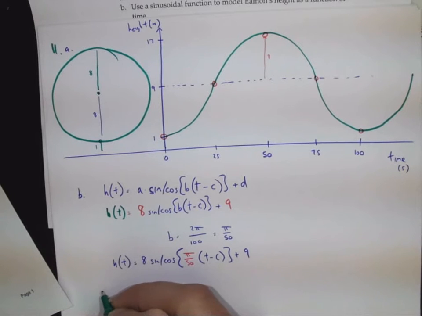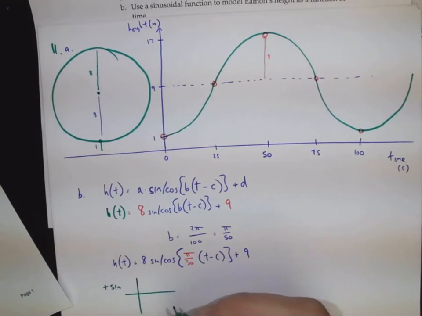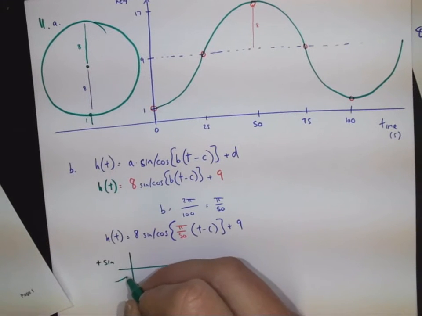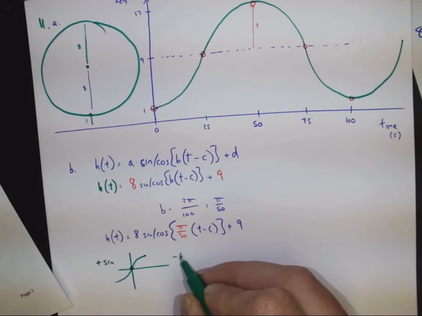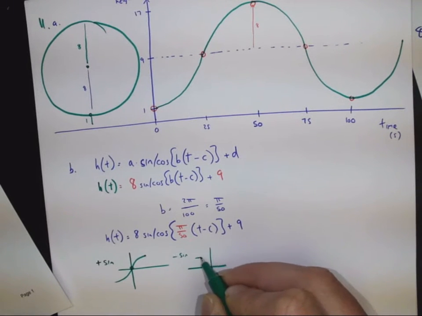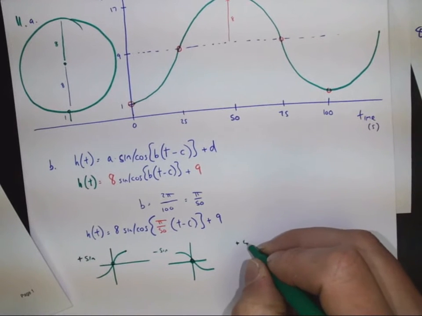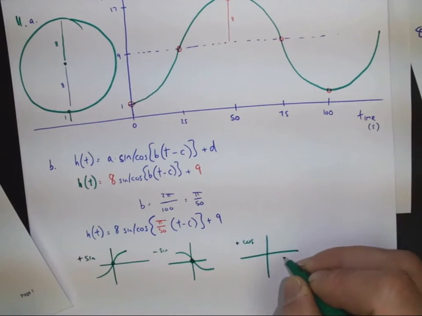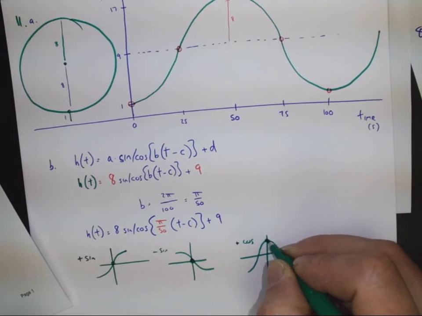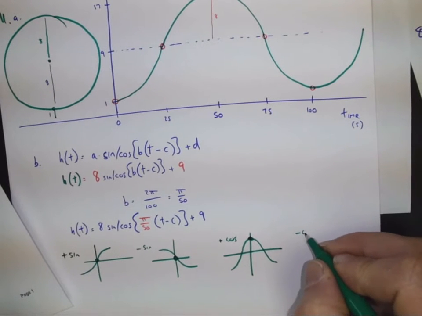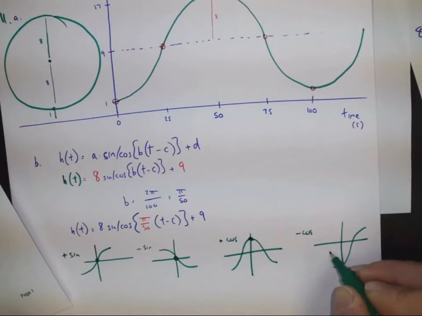Okay, so we've got to remember that a positive sine curve starts in the middle of its amplitude and rises upward, right? And a negative sine curve starts in the middle of its amplitude going downward at the y-axis. A positive cosine curve starts at its apex, its peak, and you can think of it decreasing. And a negative cosine curve starts at the bottom of its amplitude and rises.